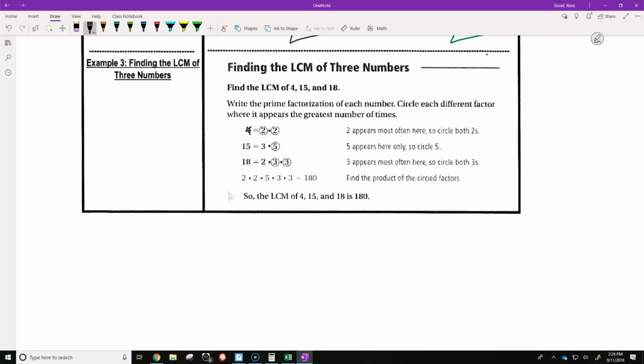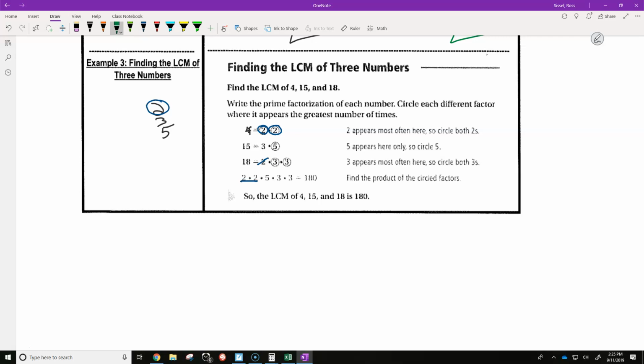They just did the prime factorization like we did with 2 numbers. However, now they said the prime numbers we used were 2, 3, and 5. And for 2, there was 1 here, but 2 here. So they used 2 2s in my least common multiple.